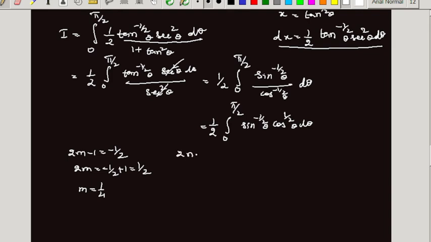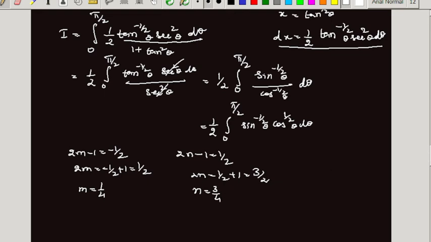Similarly, 2n minus 1 is 1/2. 2n equal to 1/2 plus 1, that is 3/2. N is 3 dividing by 4.